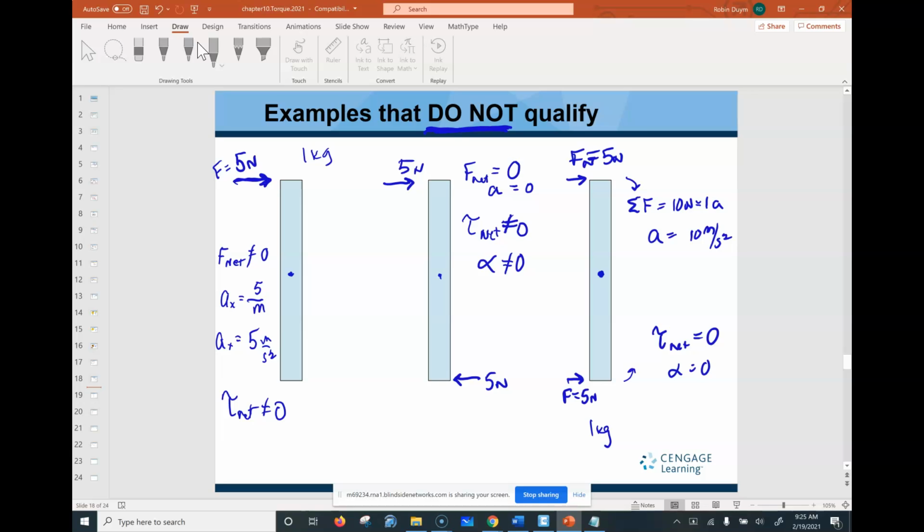Oh, the alpha does not equal 0. So it only equals 0 in the third one. But none of them qualify for equilibrium, because in the first case we have a linear acceleration, in the second case we have an angular acceleration, and in the third case we have a linear acceleration.